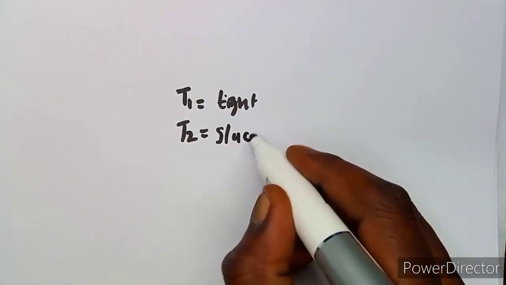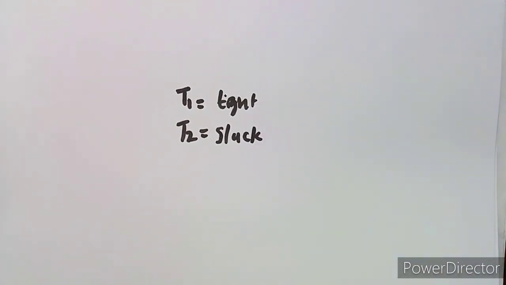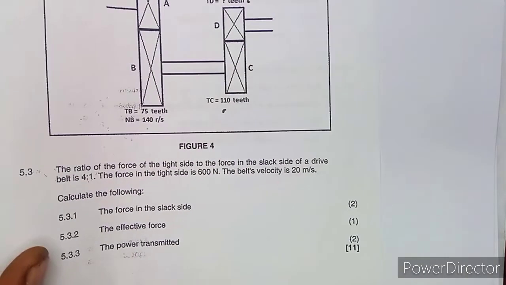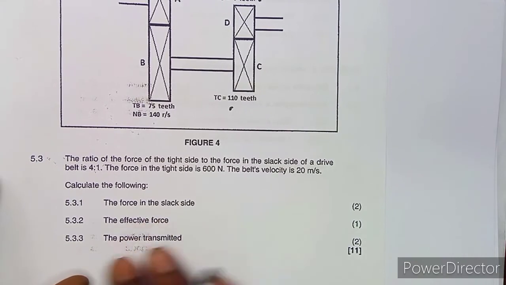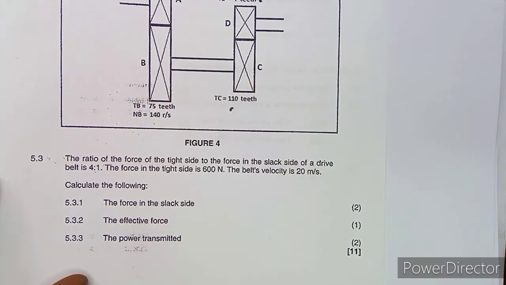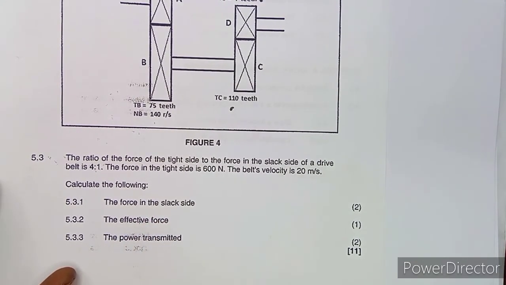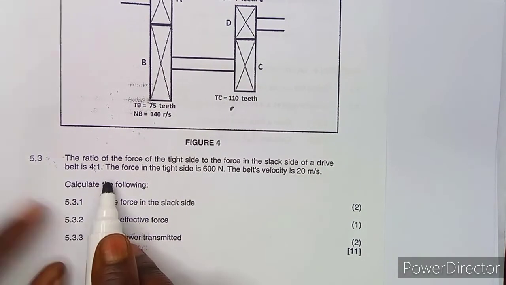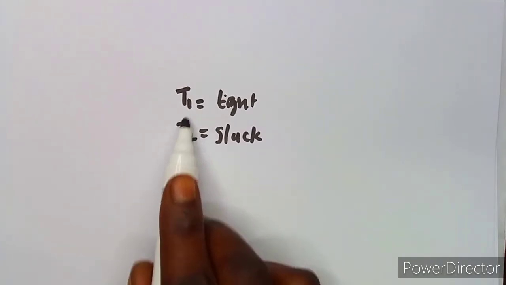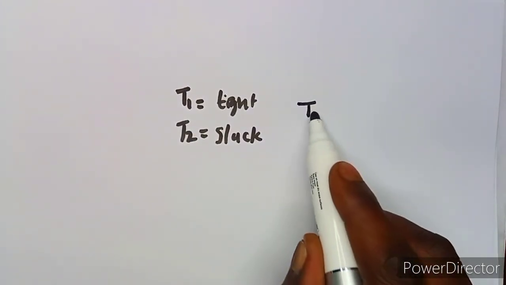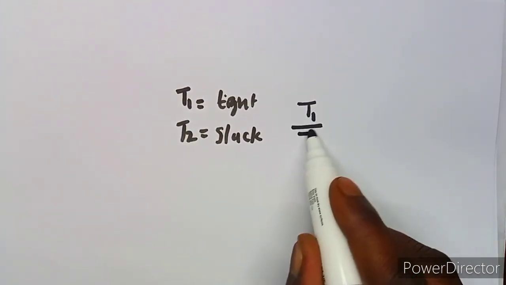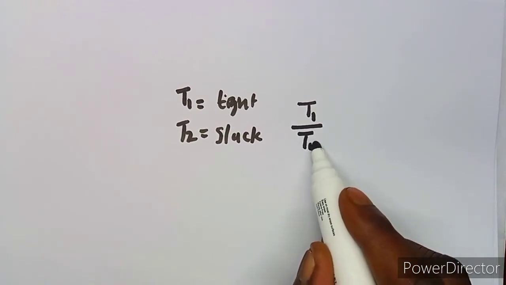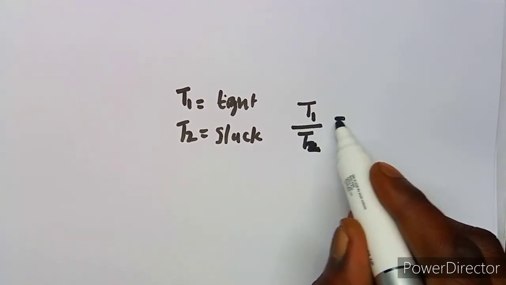If maybe you don't understand this, we are going to talk more about it in a class that is actually going to focus on belt drives, not from question papers, but an actual class. So we are given the ratio of tight to slack, which is 4:1. A ratio can be given as a fraction, which means T1 over T2 is equal to 4.